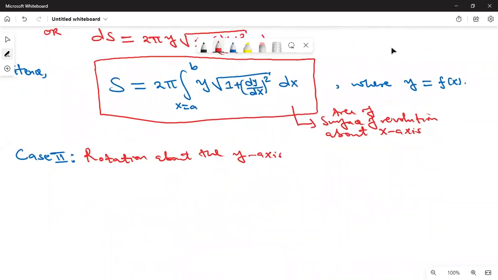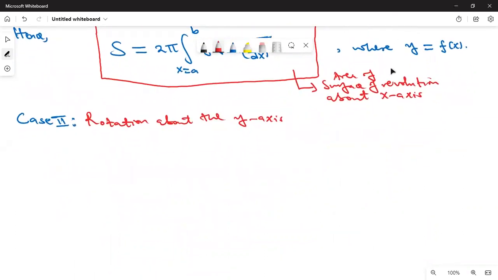So again, let's sketch. Come up with another sketch. We have the y-axis as our axis of revolution, and now we have the x-axis here.